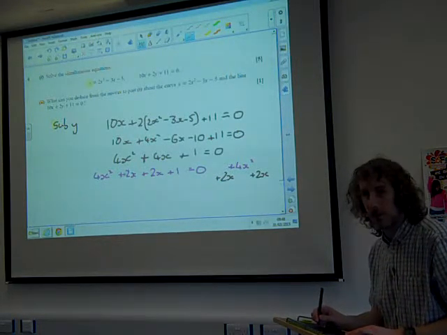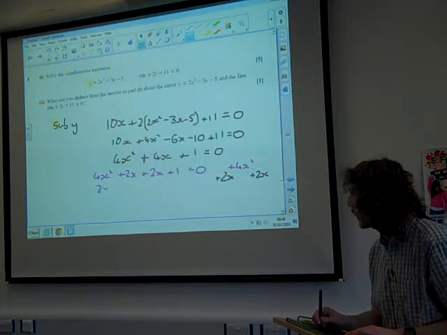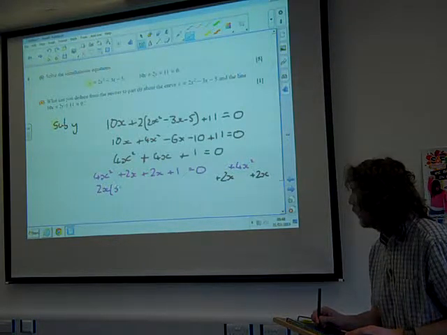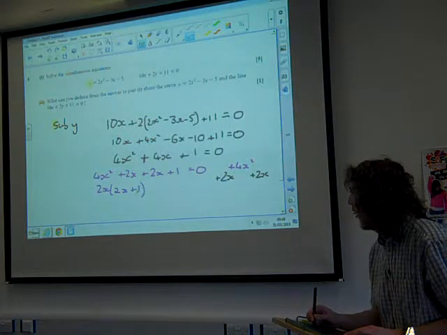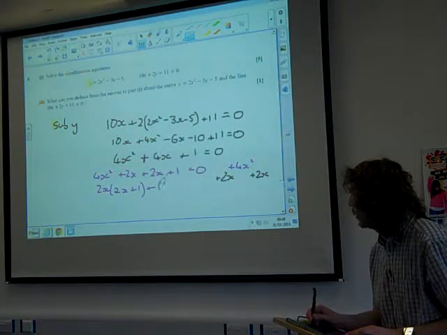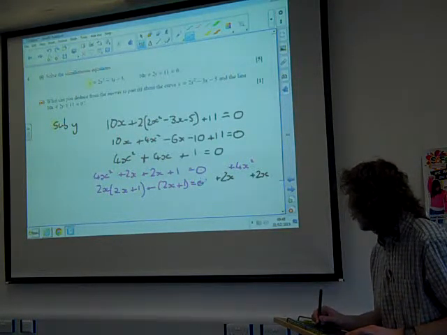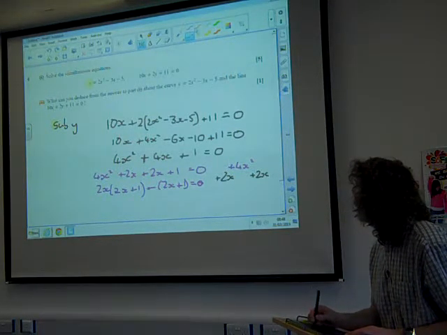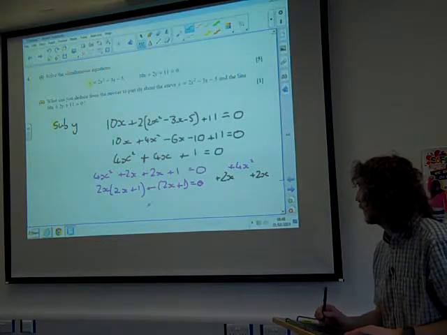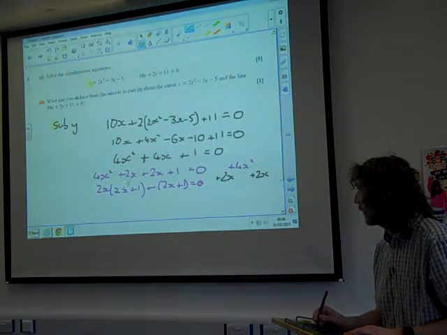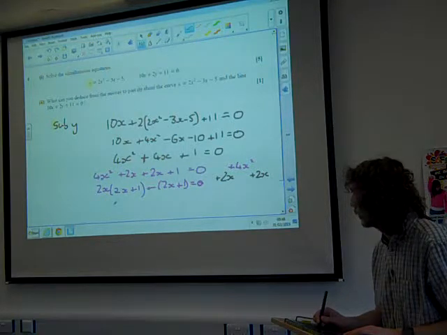Look at the first 2 terms. Common factor of 2x. That's 2x plus 1 and brackets 2x plus 1. So we've ended up with a very exciting factorised thing of 2x plus 1 times 2x plus 1.